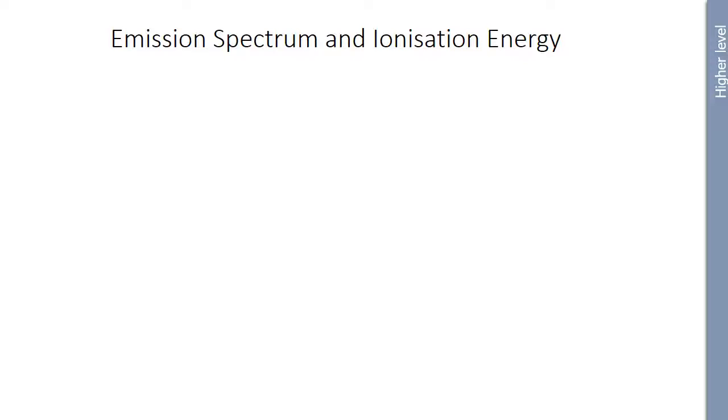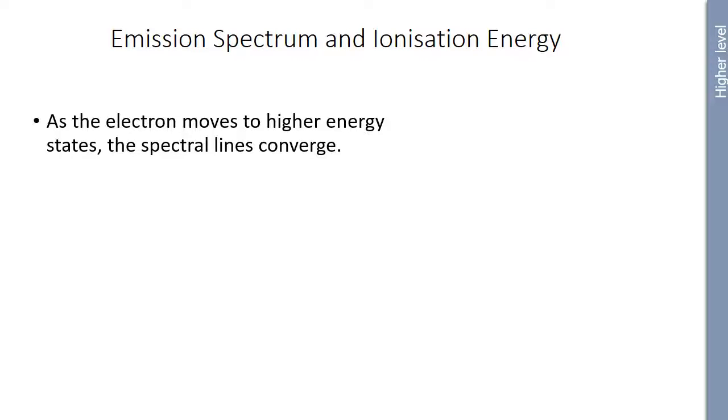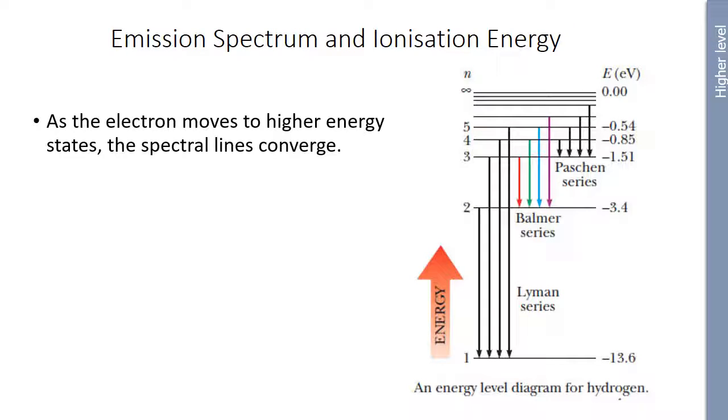So in terms of relating it back to the emission spectrum that we investigated in the first unit of this topic, as the electron moves to high energy states, remember we said that the spectral lines converge. Okay, so basically we're looking at this part here. The lines converge because the energy required to move between these later energy levels is getting smaller and smaller and smaller.